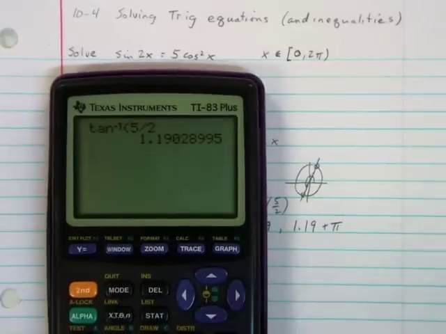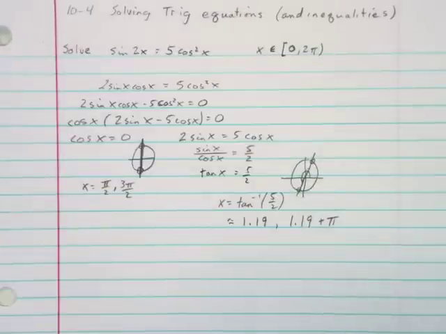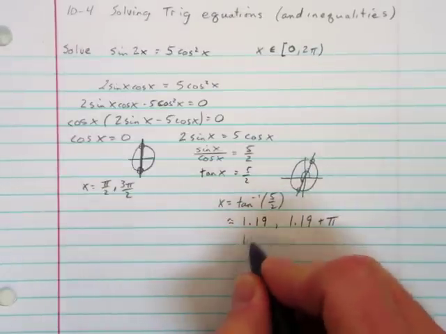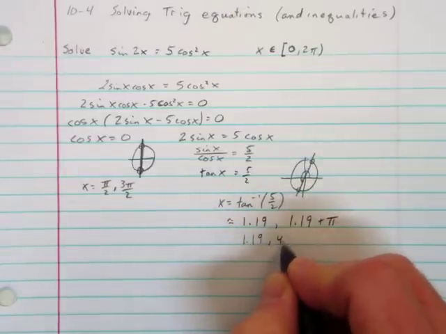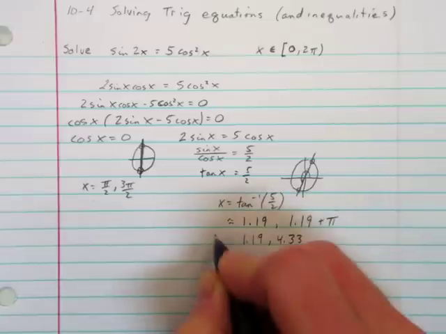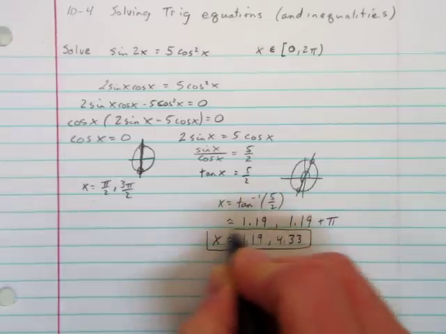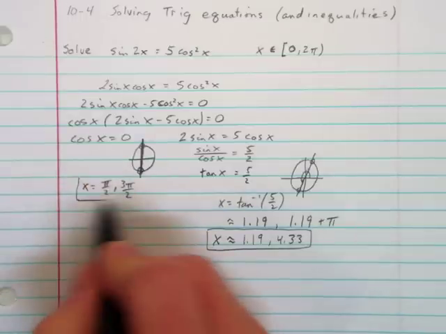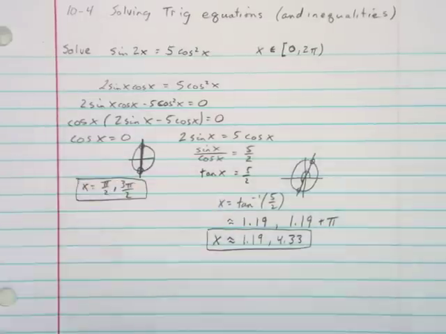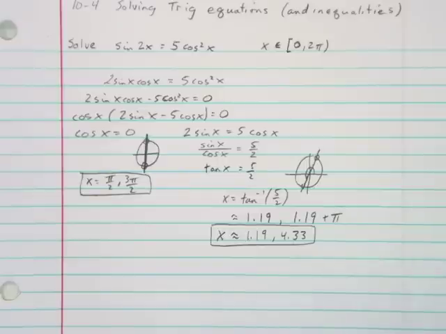At this point, all you need to do is hit plus, and it'll show answer plus, and then type in second pi, and we get 4.33. So we have 1.19 and 4.33. This is x approximately equal to those, and then we have exactly equal to pi over 2 and 3 pi over 2.